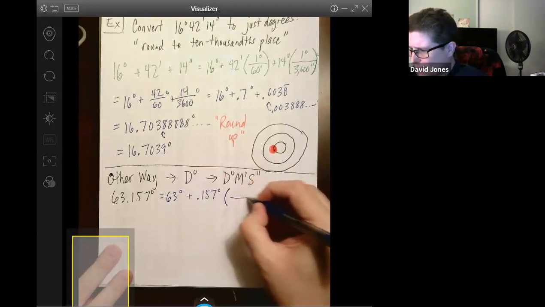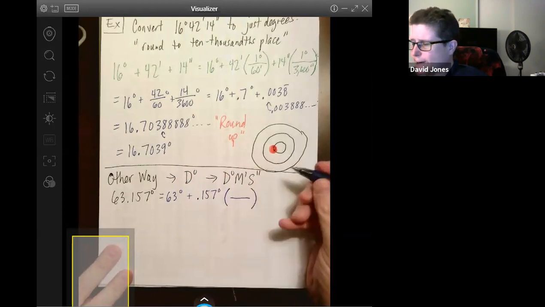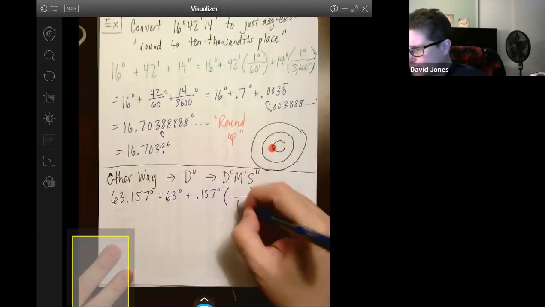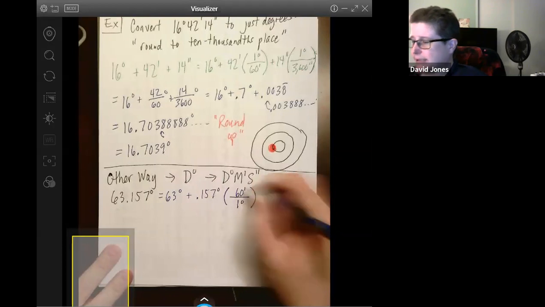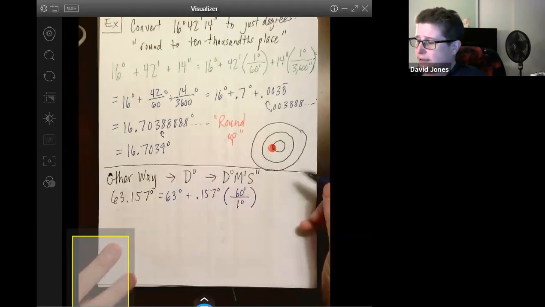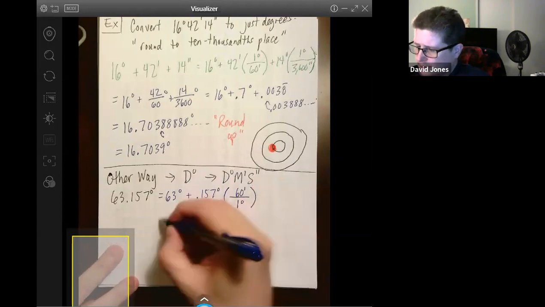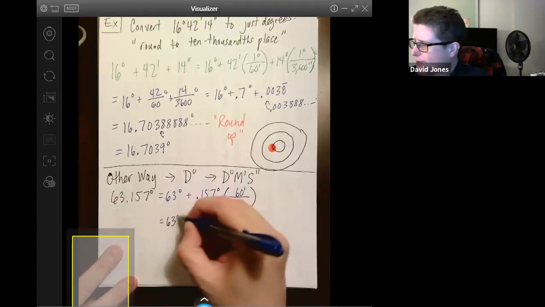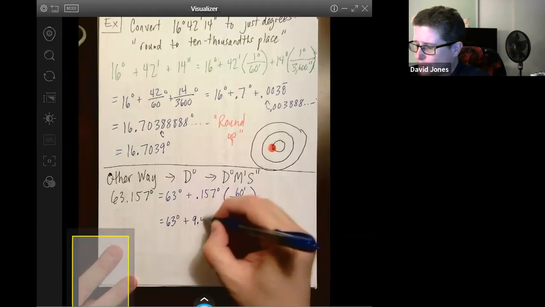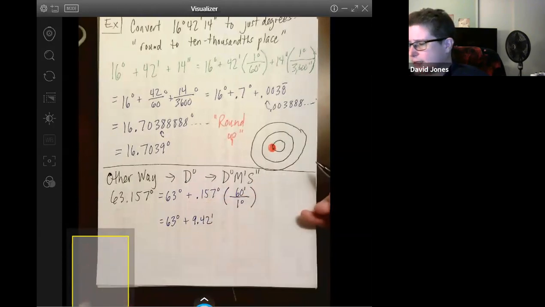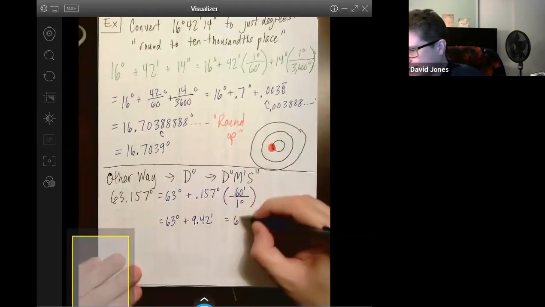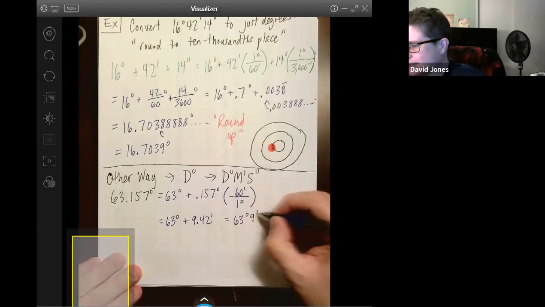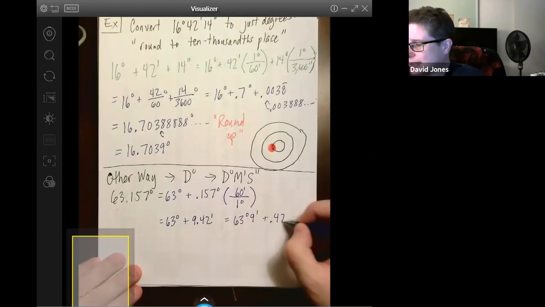And if I want to use the conversion, for every 1 degree, there is 60 minutes. So if I multiply that out, I get 63 degrees plus 9.42 minutes. And we'll separate that. 63 degrees, 9 minutes plus 0.42 minutes.